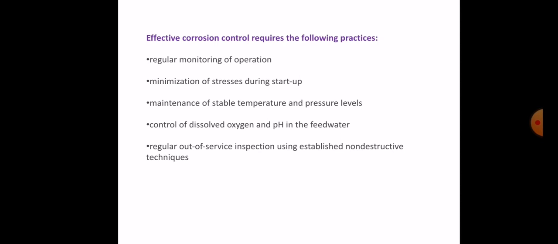Control of dissolved oxygen and pH in feed water. We have already discussed how we can easily remove dissolved oxygen to reduce corrosion, and that we use high pH water in the feed water to remove or reduce corrosion.